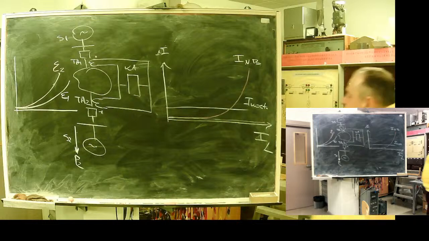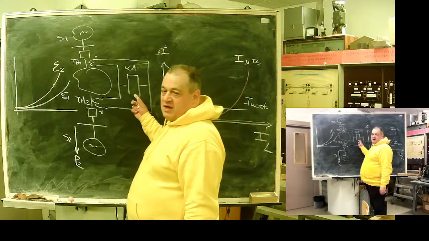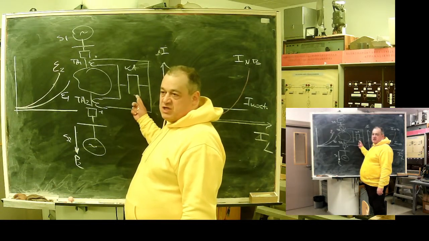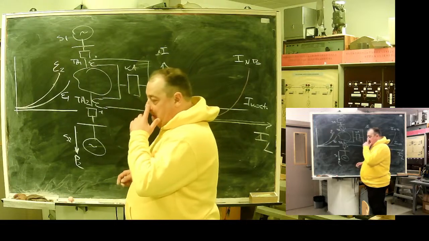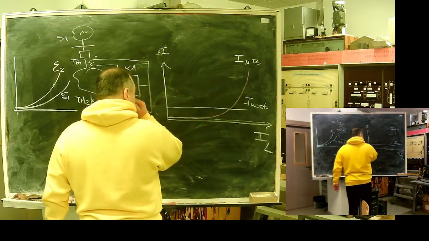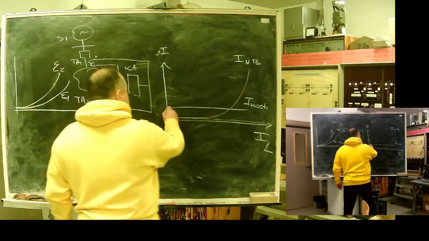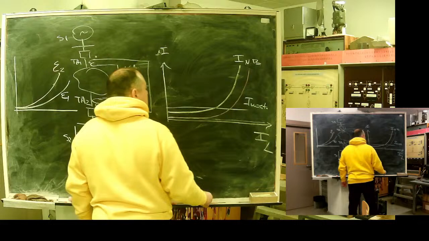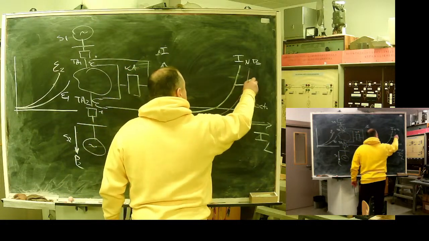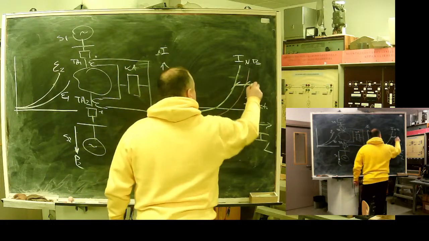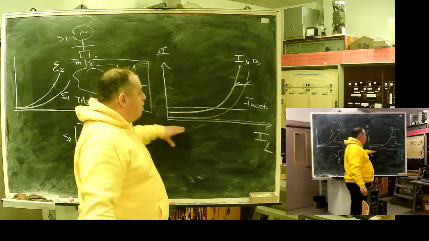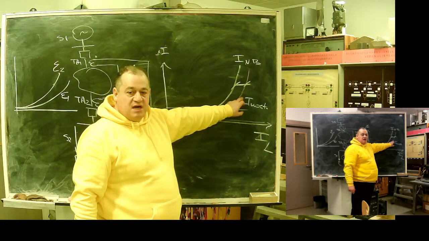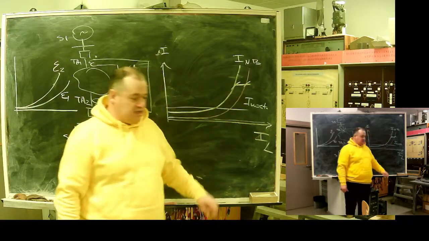The problem is the operation current of this relay, I just drew some simple relay. In reality, this operation current, in the ideal case, we need something with a safety margin from the error characteristic, the non-balanced current characteristic of our current sensors.